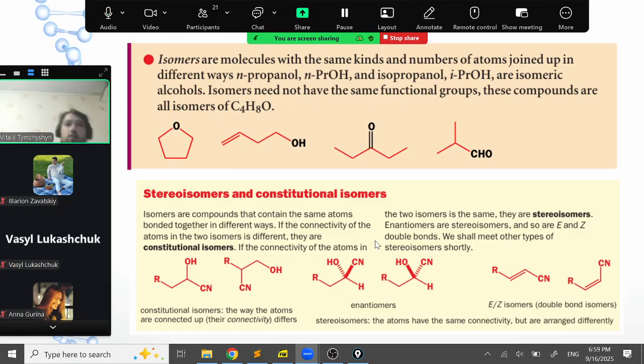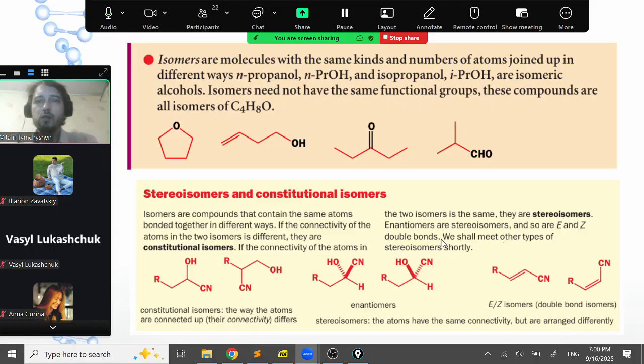If the connectivity of atoms in the two isomers is different, they are constitutional isomers. If the connectivity of the atoms in the two isomers is the same, they are stereoisomers. And we will have enantiomers that are stereoisomers, and so are the E and Z double bonds.